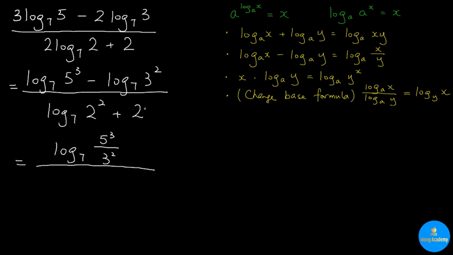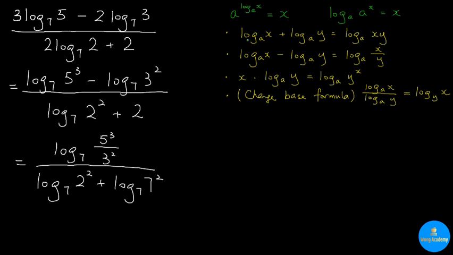And we realize that 2 can be thought of as log base 7 of 7 to the power 2 using this identity, and hence we are going to rewrite this as log base 7 of 2 to the power 2 plus log base 7 of 7 to the power 2.